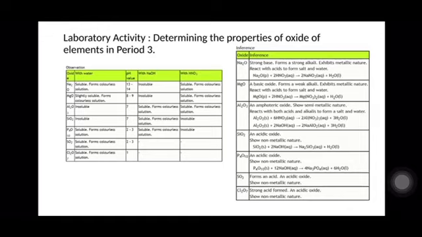So daripada observation dia, kamu boleh tengok. Bila kita test dengan water, tengok sodium oxide, dia soluble dan dia form colourless solution. Dan bila kita test pH value dia, between 13 till 14. Maksudnya ini adalah basic oxide.